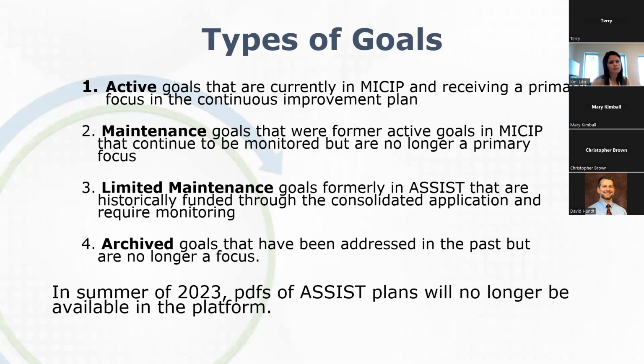Limited maintenance is a former ASSIST plan, what we've been talking about today. You want to keep the funding going, and this is the way that will happen. Maintenance goals as well as active goals are monitored by Nexus. When you have a maintenance goal in there, your activities and strategies are moved into the Nexus application.